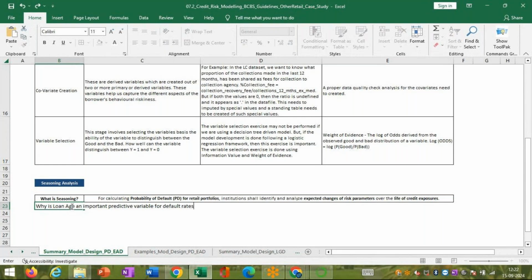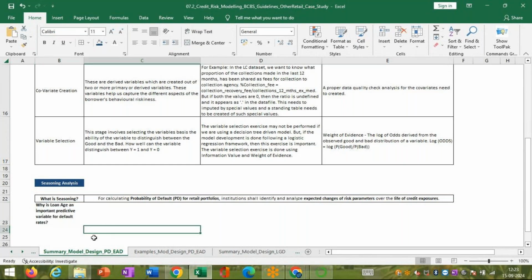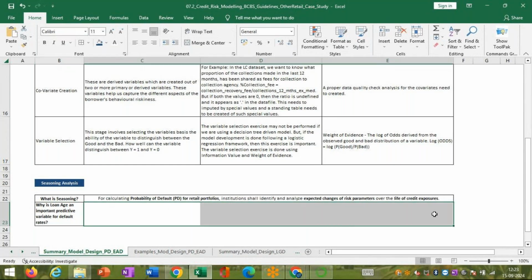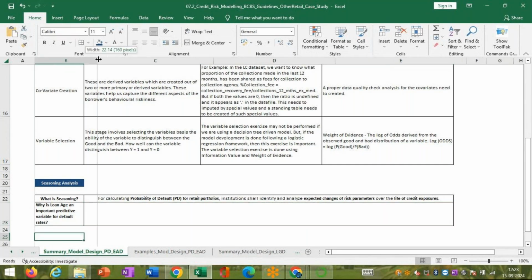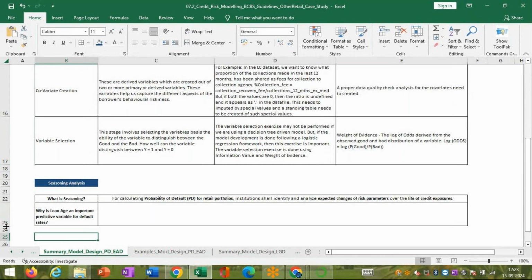If I have to predict the default rates, why is it that loan age is an important variable? So this is the second point. Let us try to answer this.